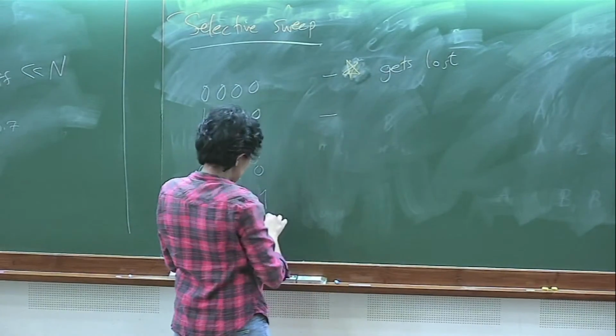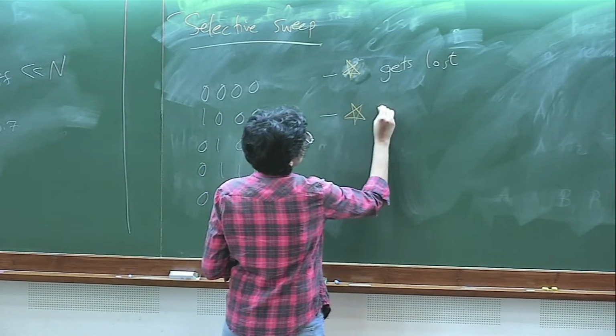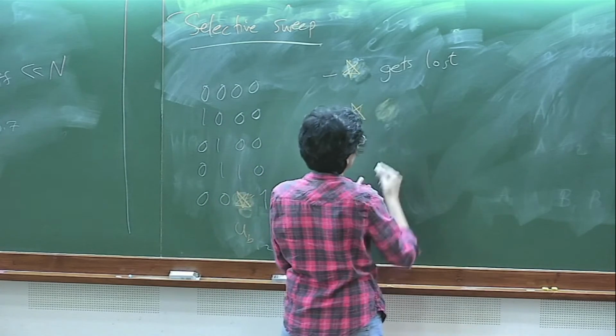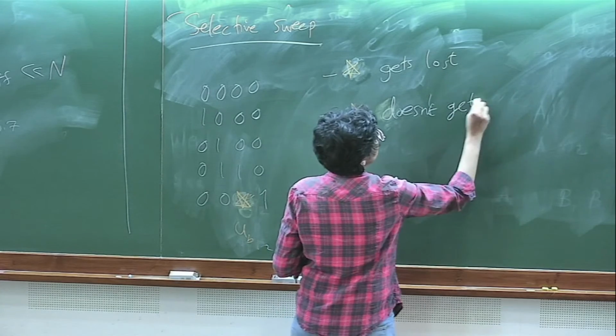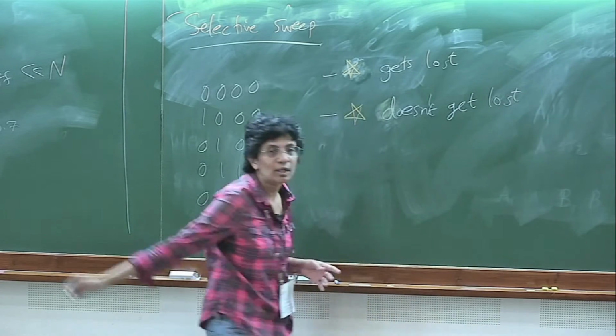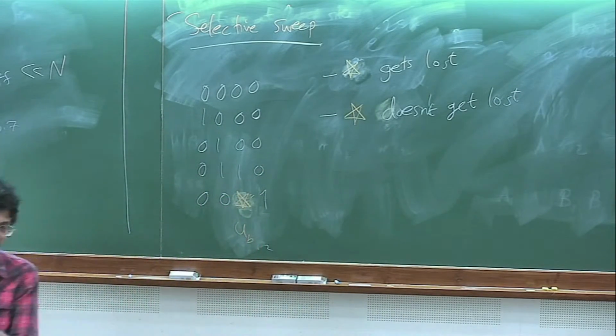But now let's look at the cases in which it does not get lost. Maybe it got lost, but beneficial mutations will come, they're rare, but they'll come. Maybe after 10 years it comes again, and this time it does not get lost.